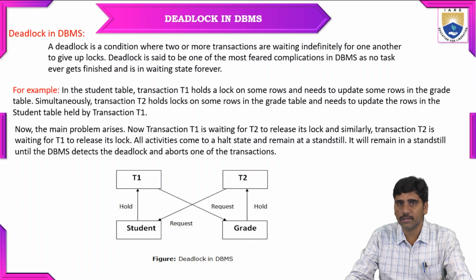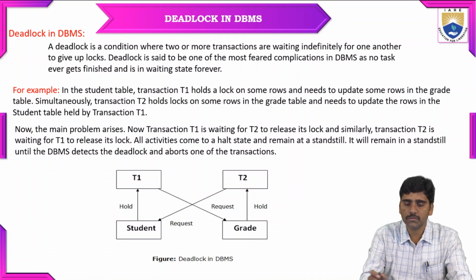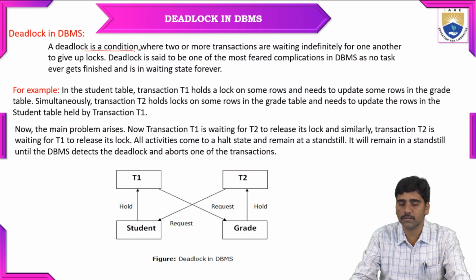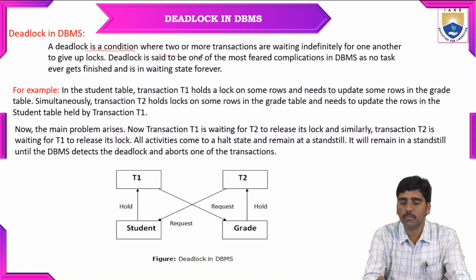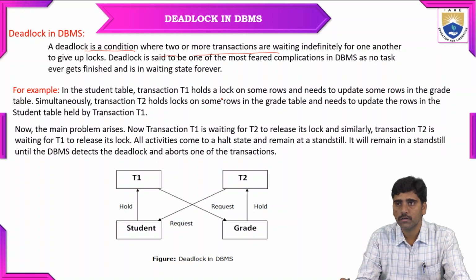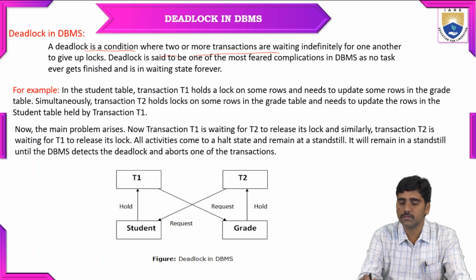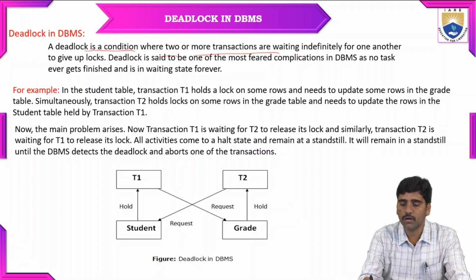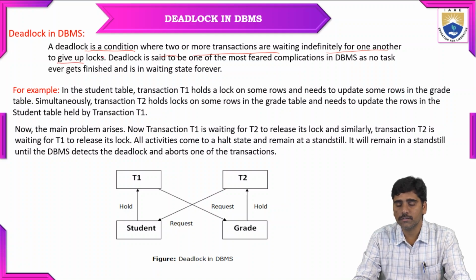So generally, what is meant by deadlock? A deadlock is a condition where two or more transactions are waiting indefinitely for one another to give up locks. That means two or more transactions are waiting for execution.